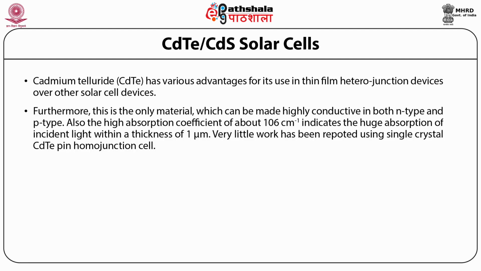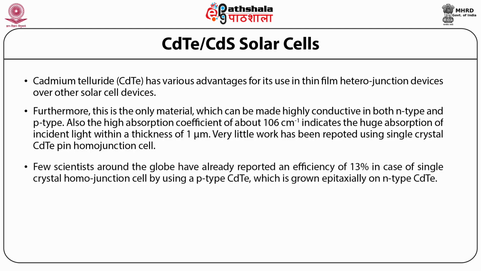Very little work has been reported using single crystal cadmium telluride pin homojunction cell. Few scientists around the globe have already reported an efficiency of 13% in the case of single crystal homojunction cell by using a P-type cadmium telluride, which is grown epitaxially on the N-type cadmium telluride.